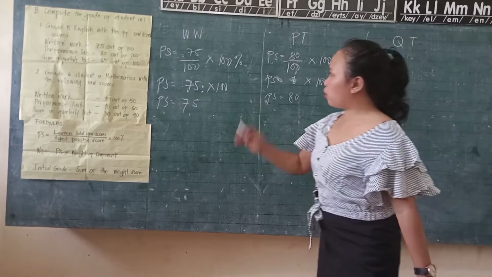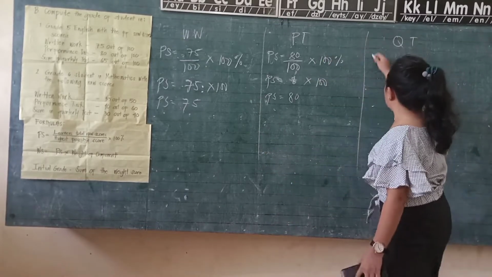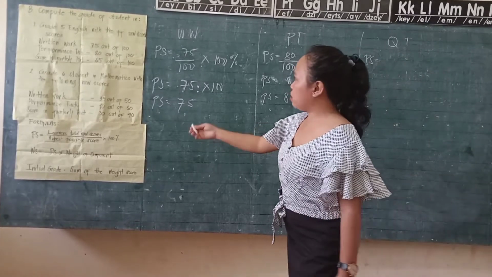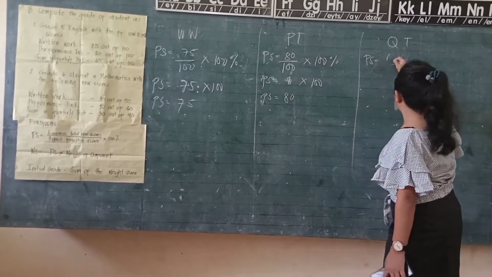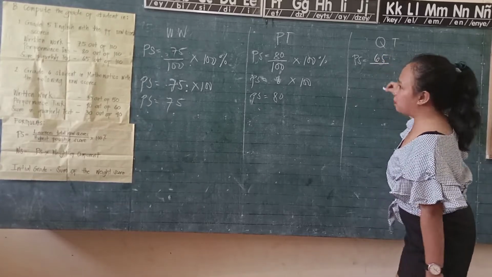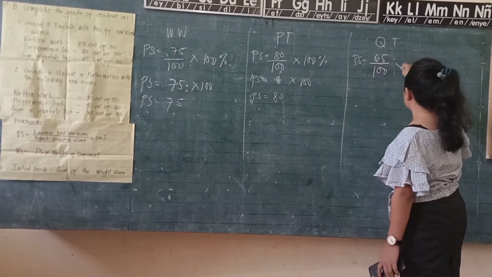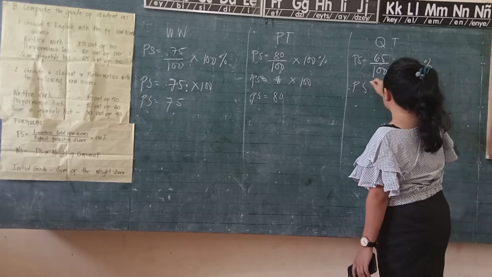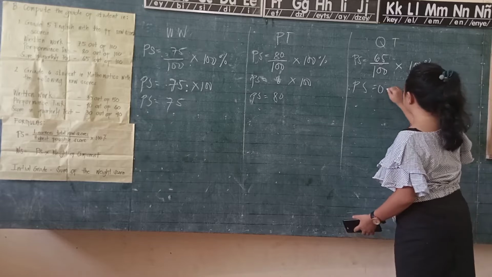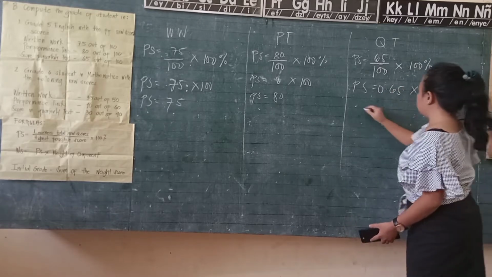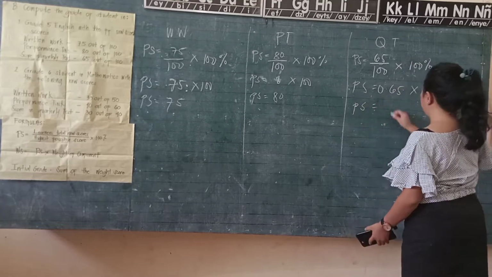So let's move on to the quarterly test. PS equals the learner's total raw score 65 over highest possible score 100 times 100%, equals 0.65 times 100. PS equals 65.